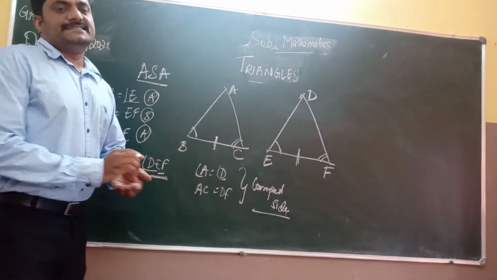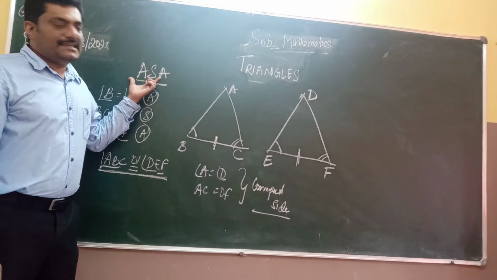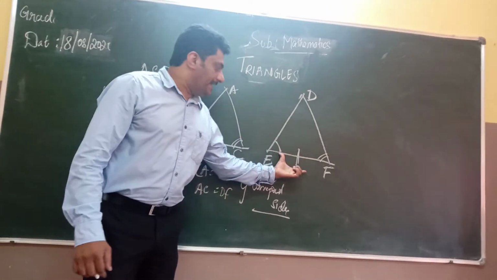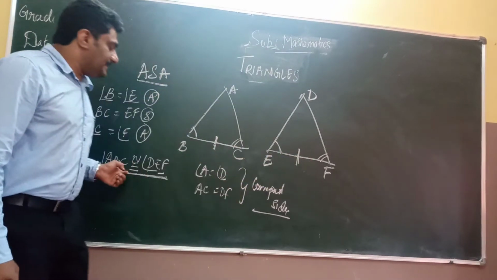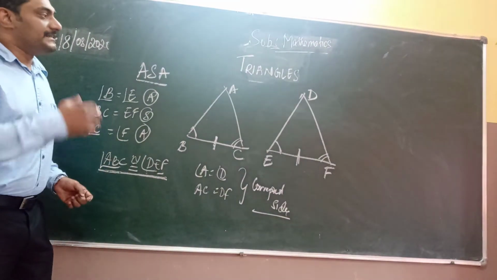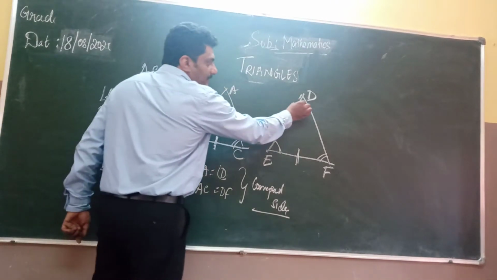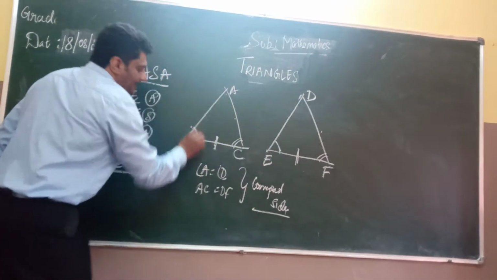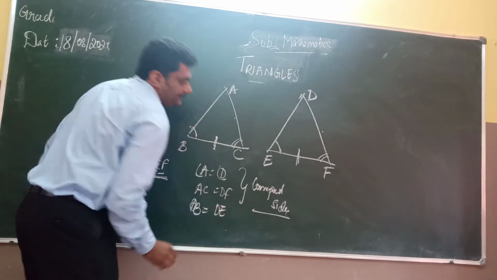Okay, so what is ASA? ASA is nothing but two angles and an included side of one triangle is equal to the two angles and included side of the other. Then both the triangles are said to be congruent. Once they are congruent, the corresponding angles and the sides, that is, angle A will be angle D, AC will be DF, and AB will be equal to DE.